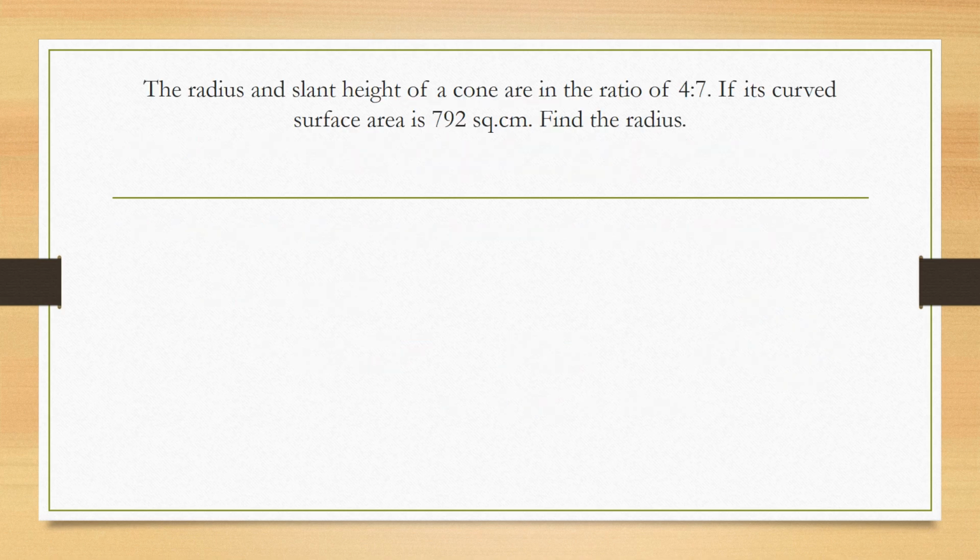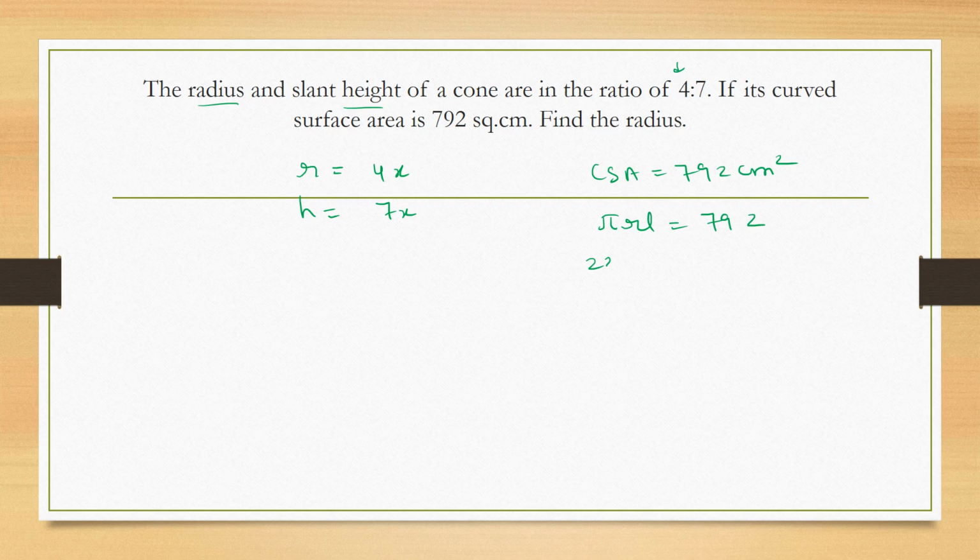Next is radius and slant height are in the ratio. Whenever these are given as ratio, we have to consider some fixed or we can say connected variable. Let's say x. Curved surface area is 792 square meters. Do you know the curved surface area of cone? It is pi RL. Pi is 22 by 7, R is 4x, L is what?